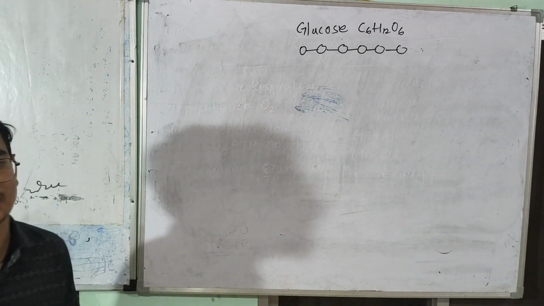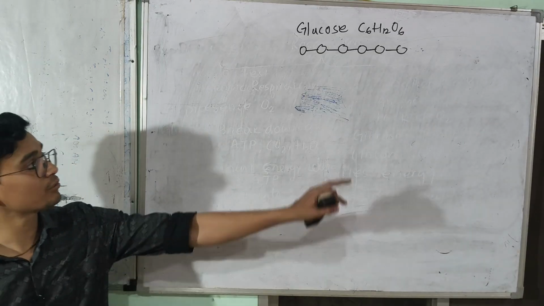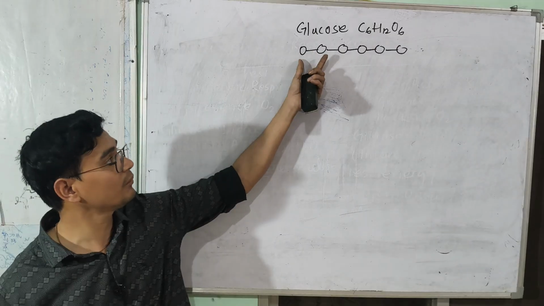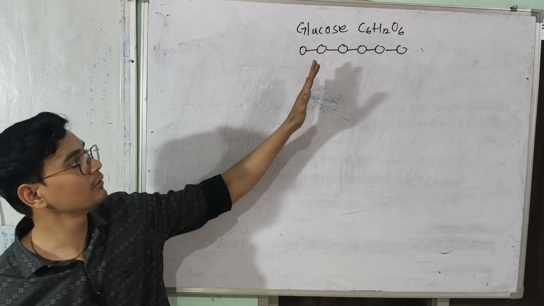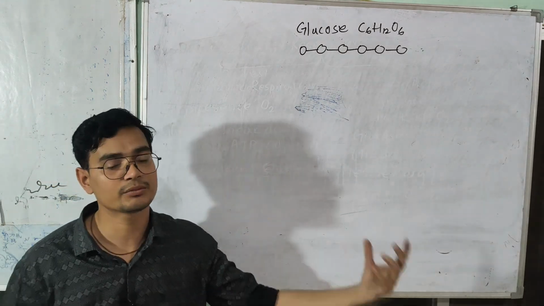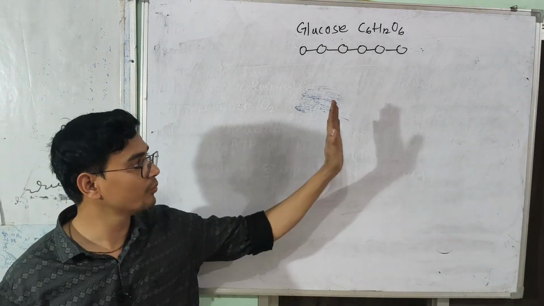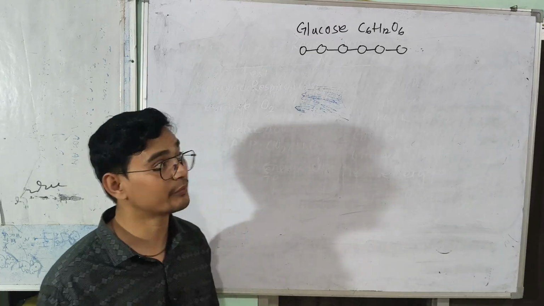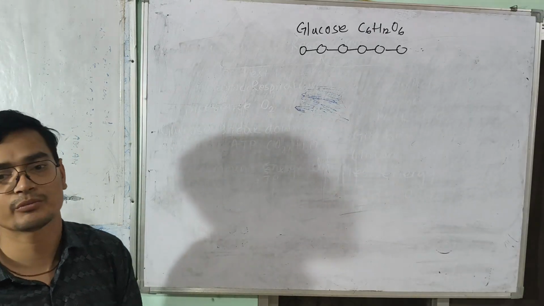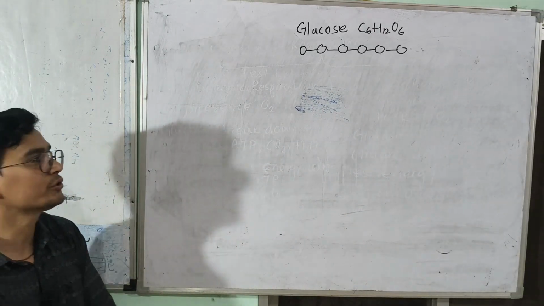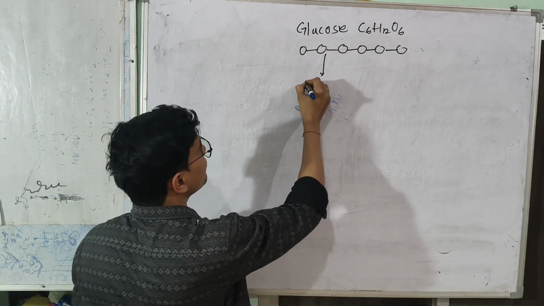Each carbon bond stores energy, so when we break a bond we get more energy. We break down this molecule in the presence of oxygen and get energy. That is called oxidation, a catabolic process. Here 6-carbon glucose turns into 3-carbon pyruvate.